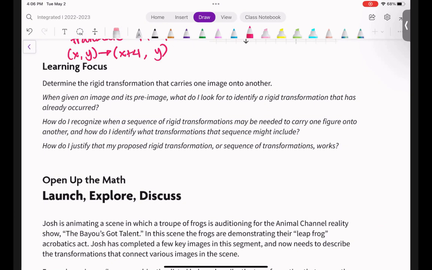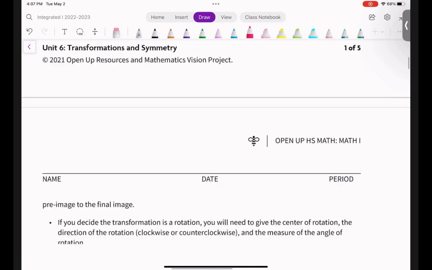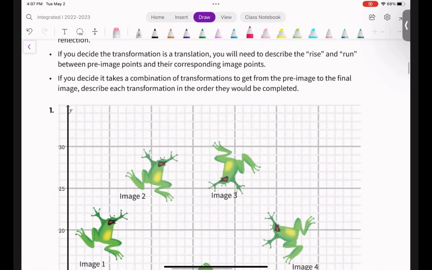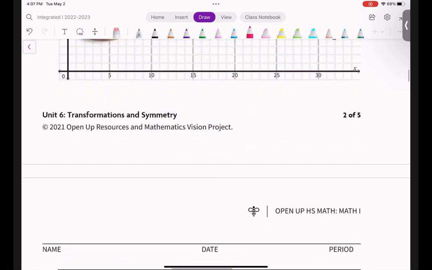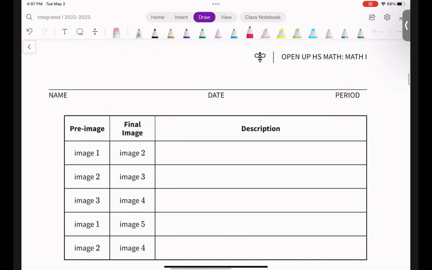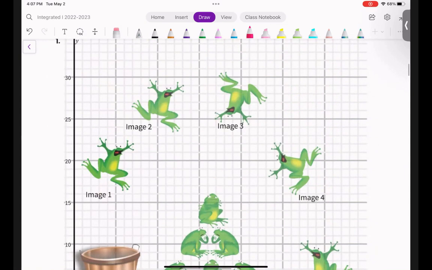So what we're going to do now is look at this little section right here, and we're going to have to draw our little guy down here. We're going to try to make a sequence of transformations so that we can get from 1 to 2. What could we do to get from 1 to 2?